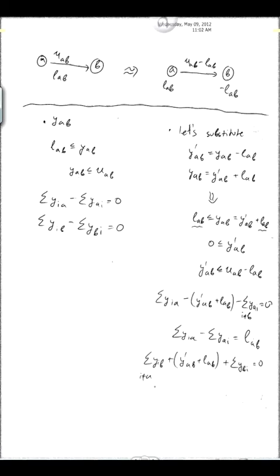Now when we move the L to the other side, we get everything coming into B minus everything going out of B is equal to minus L. And that's where this supply at B showed up.